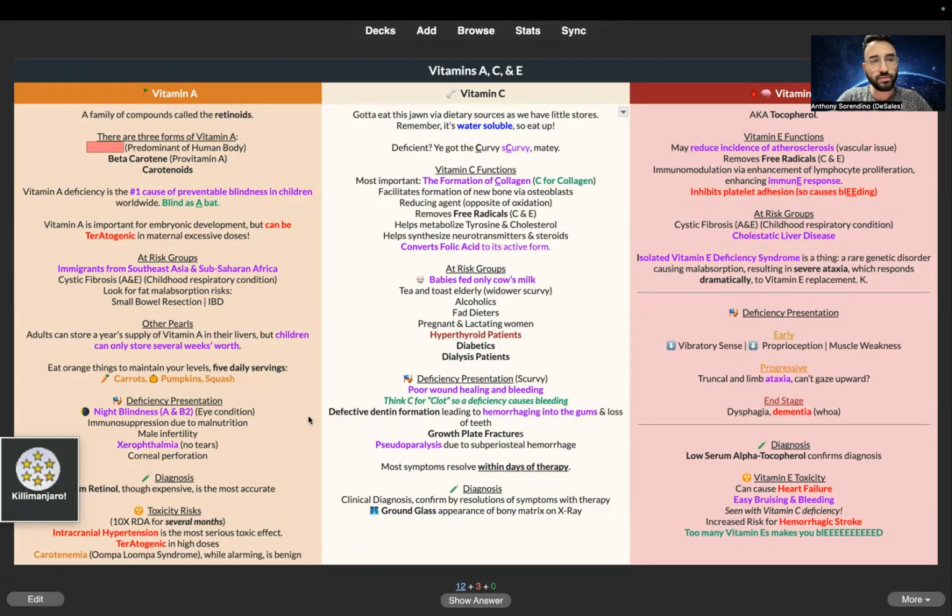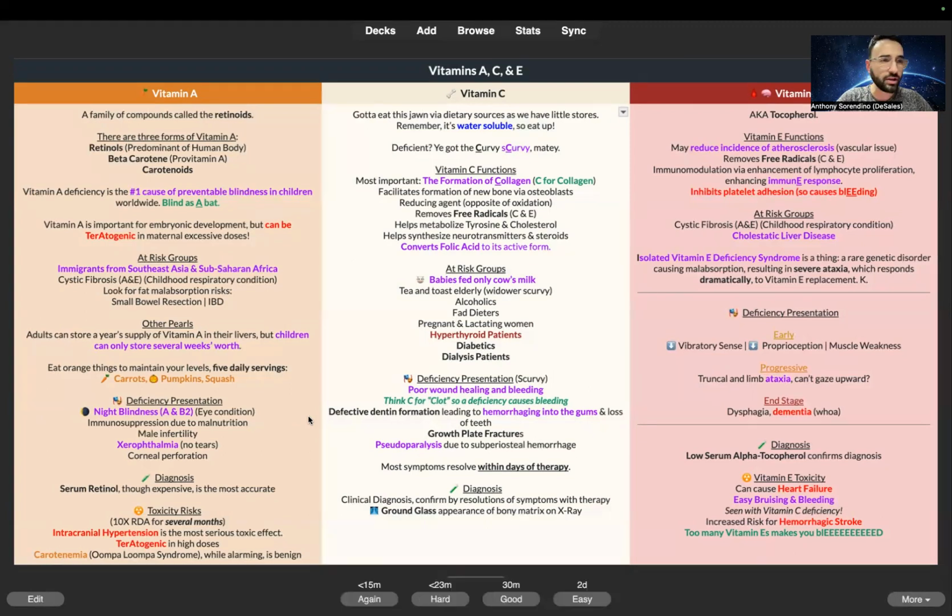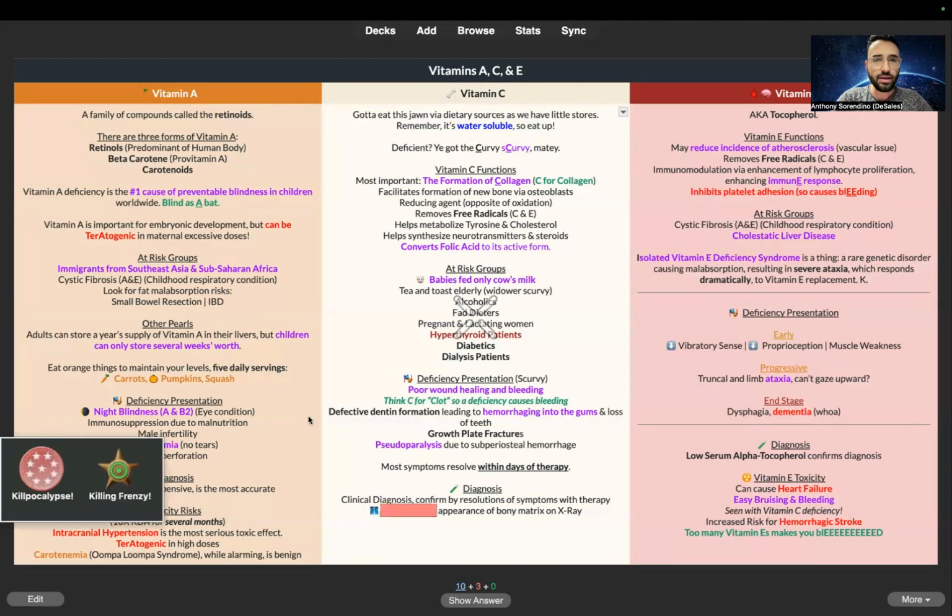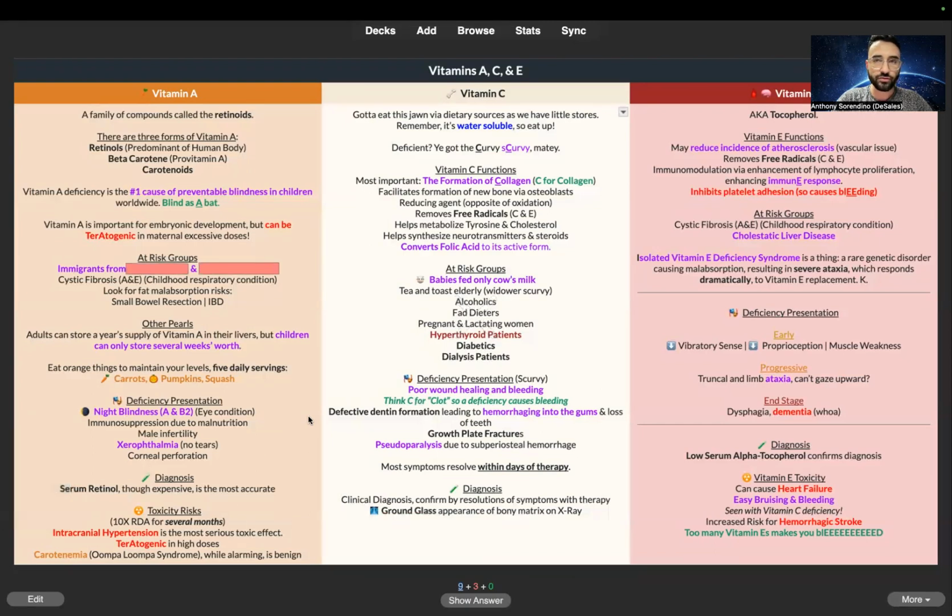There are 3 forms of vitamin A. The first one is retinol, vitamin A, and ground glass appearance for a vitamin C deficiency. Immigrants from Sub-Saharan Africa and Southeast Asia.